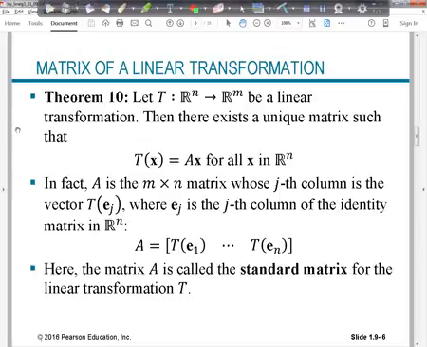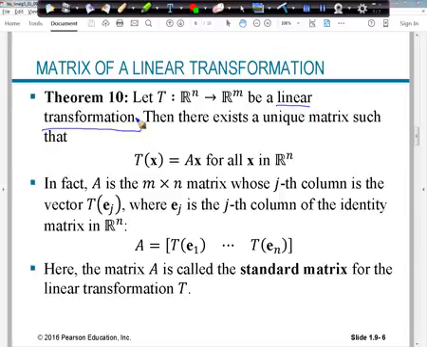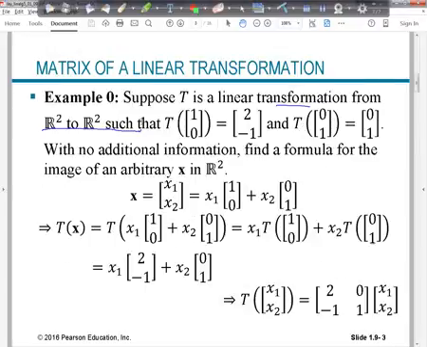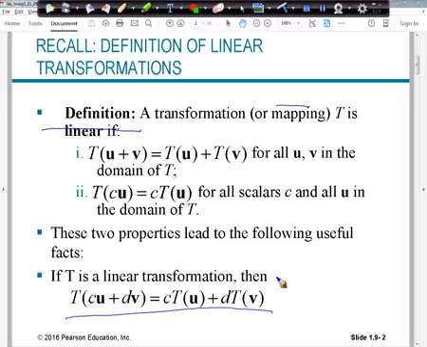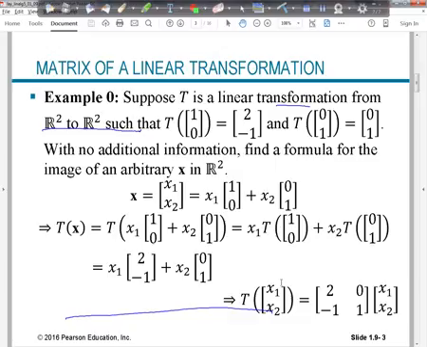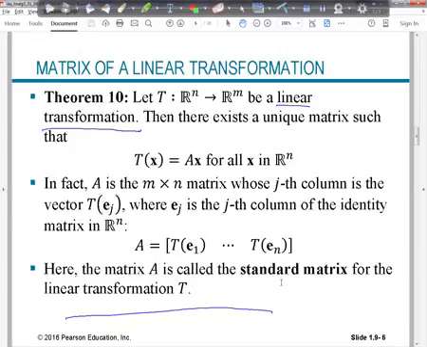In theorem 10, the basic assumption is that this guy is a linear transformation, okay? And we basically used this guy, which is one single property of the linear transformation, to obtain this kind of relationship, right?